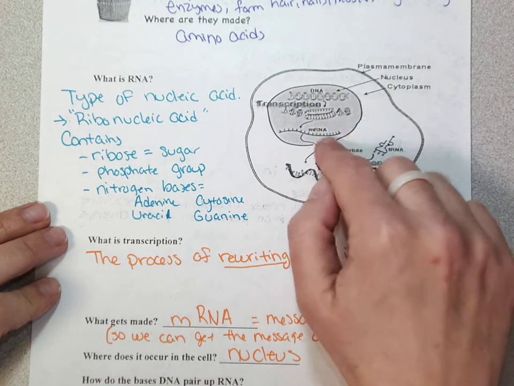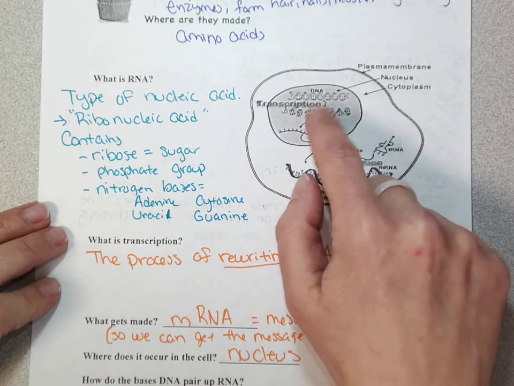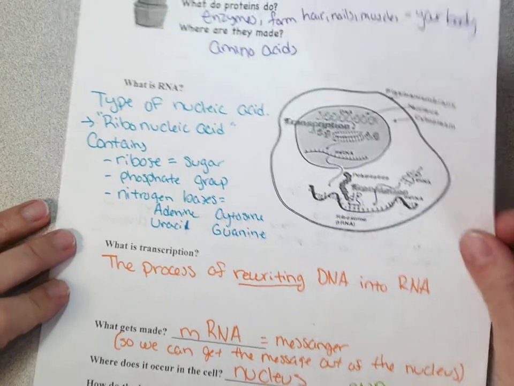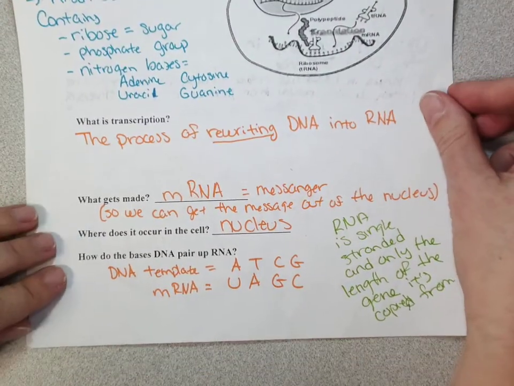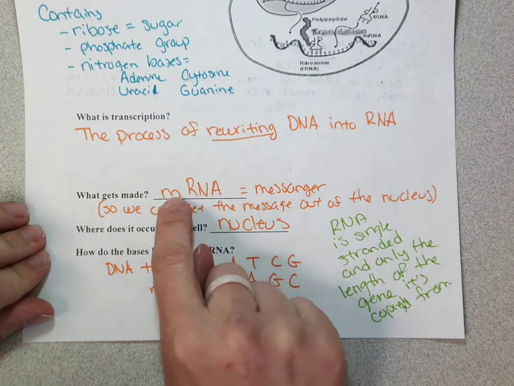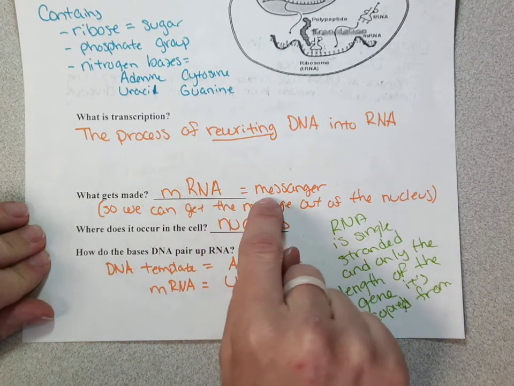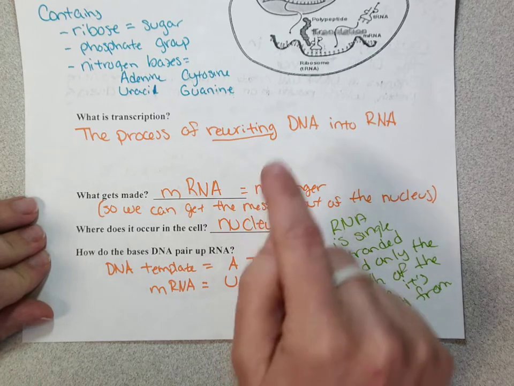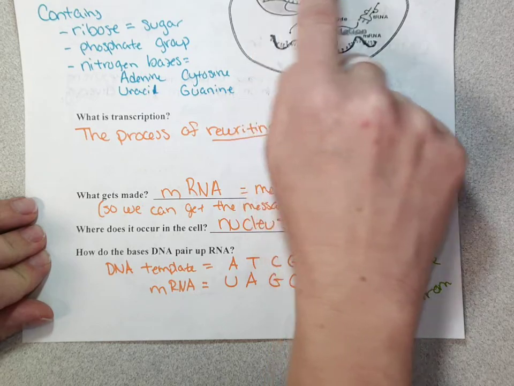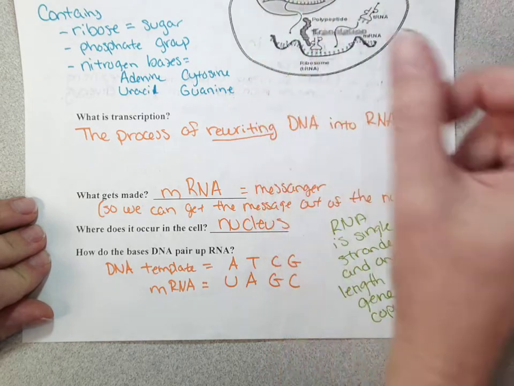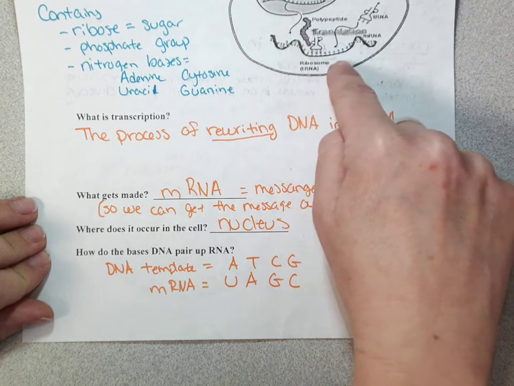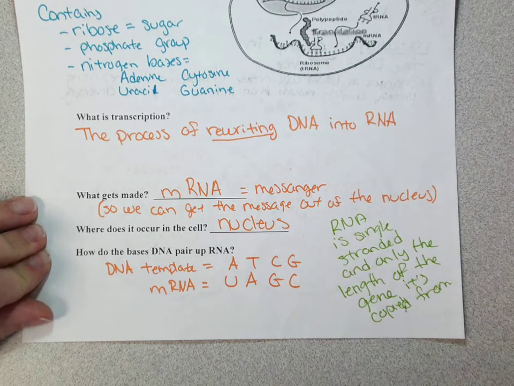This is going to happen inside the nucleus because that's where my DNA is. And the specific form of RNA that I'm making inside the nucleus is called mRNA, with that M standing for messenger. It's messenger RNA because now I have the message that's located in the DNA, that recipe, those instructions, and it is now small enough that it can fit through the nucleus and go to the ribosome.